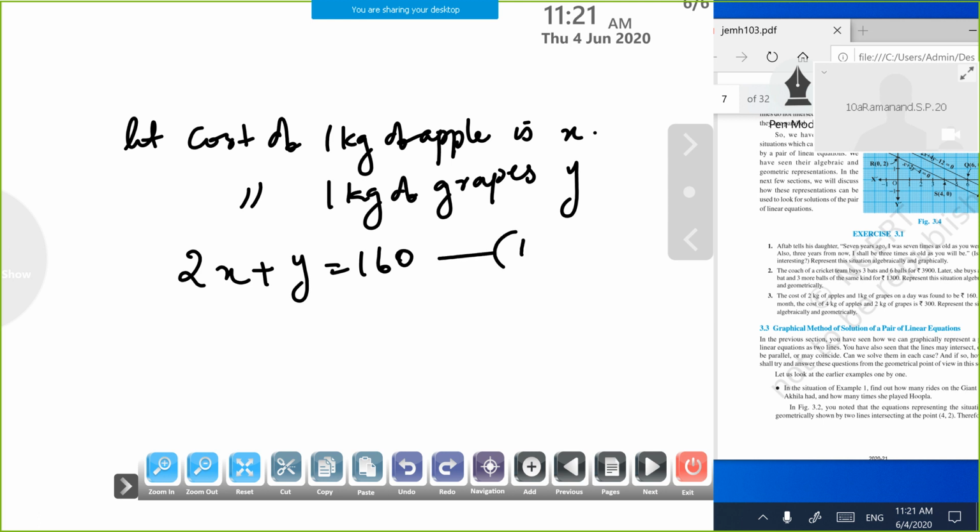That is 2 into x, 1 kg of apples is rupees x, and 1 kg of grapes is rupees y. Clear?